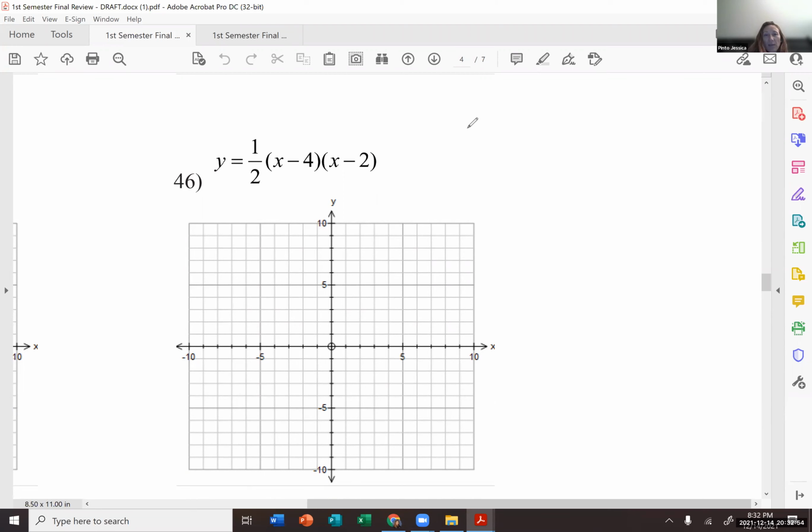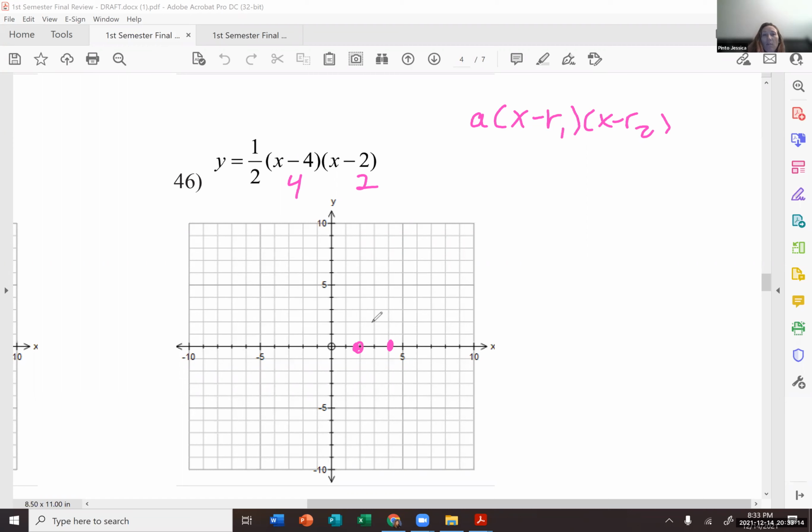This is intercept form, just meaning that it's a(x - r1)(x - r2). So the intercepts are going to be 4 and 2.